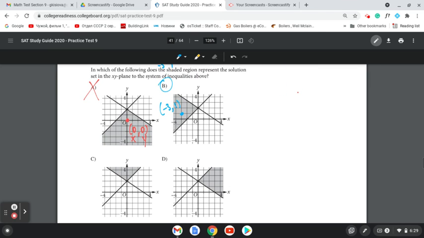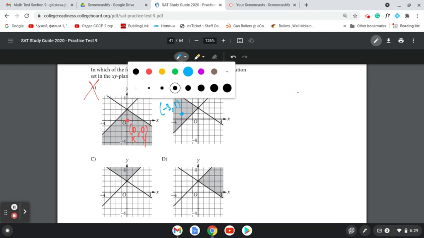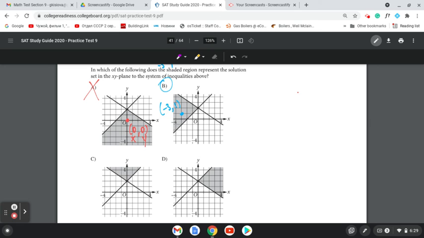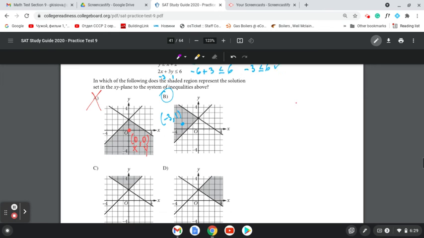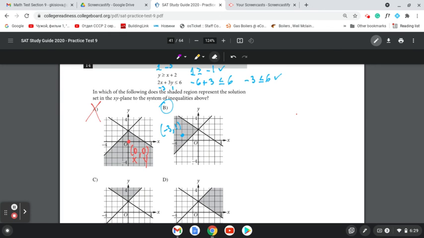But just to prove that this method works, I am going to continue, making sure that no point from any other shaded region would work for my two inequalities. From C, I'm going to pick, let's say, this point over here. It has coordinates 0 and 3.